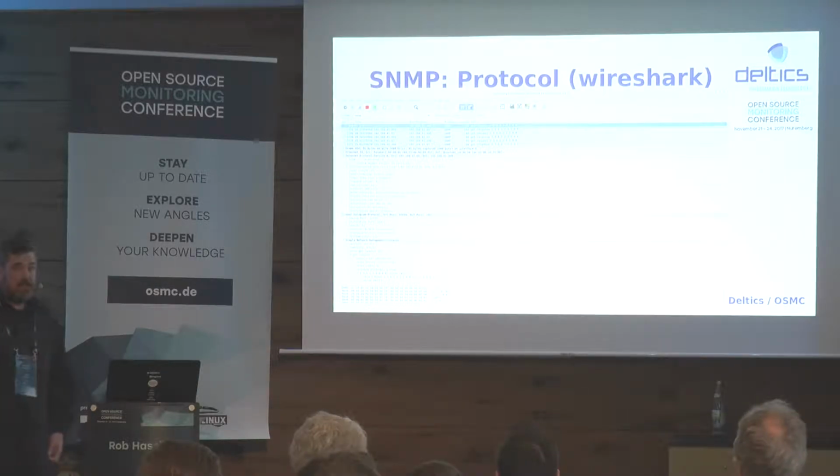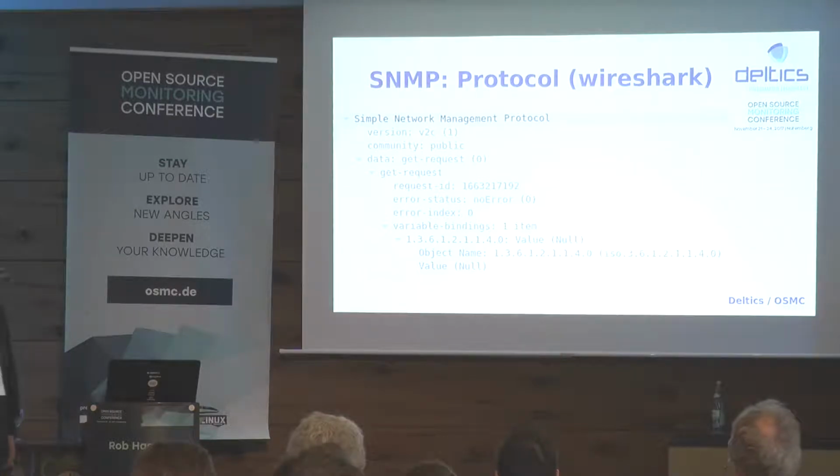I'll show it in my Wireshark. I don't think this is readable, but I've zoomed in a little bit. Here we see the protocol. This is version 2C that is used. The community in this case is public. It's not really secure, but we see that it's sending a GET request, and there's an OID over there. I'll explain later how the OID is built up and what it does.